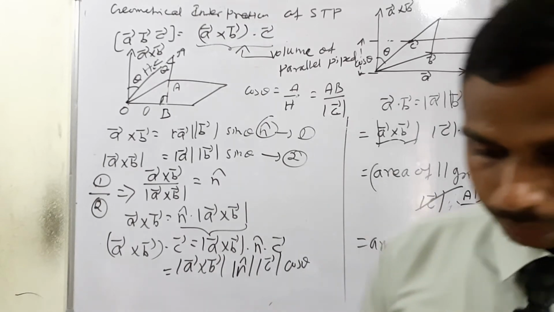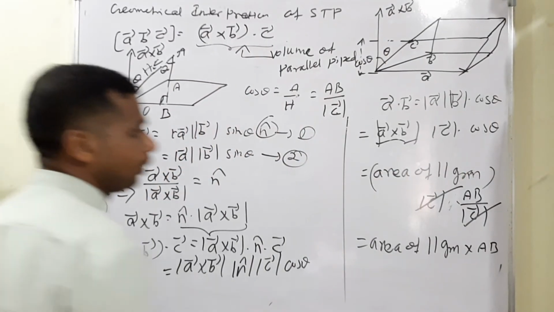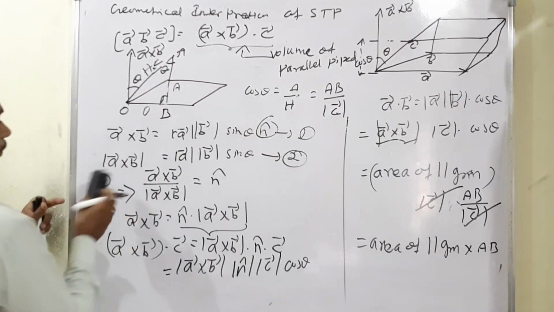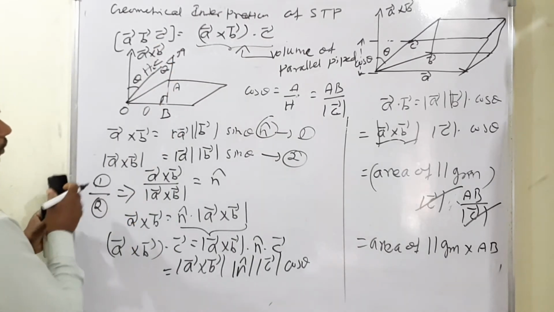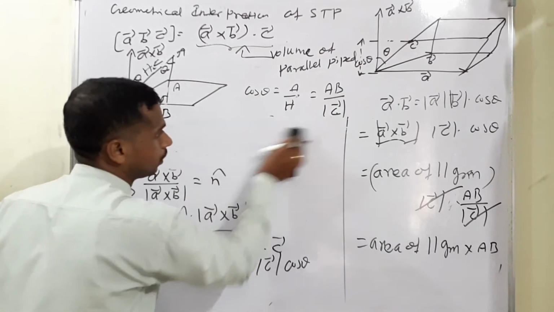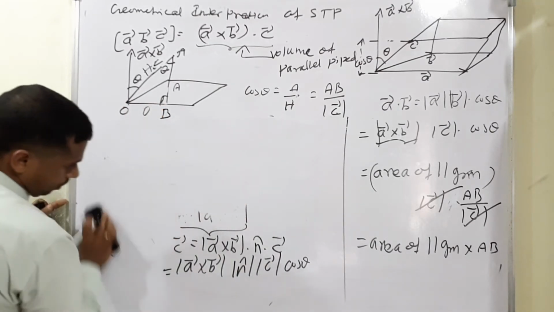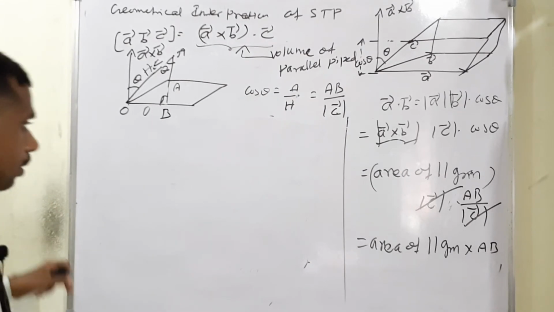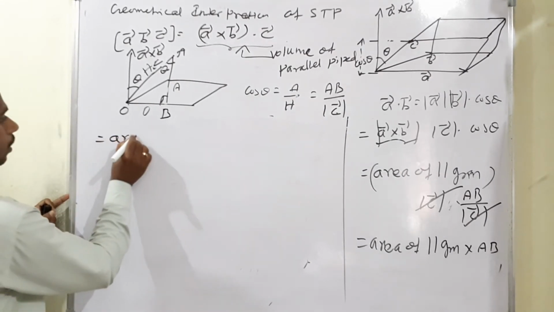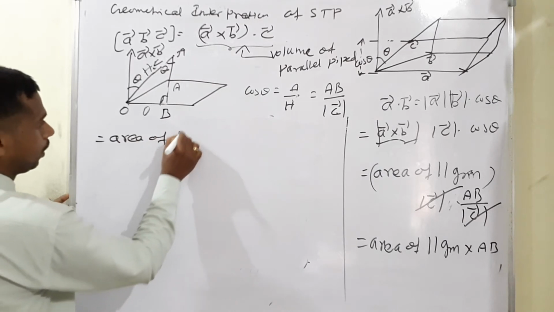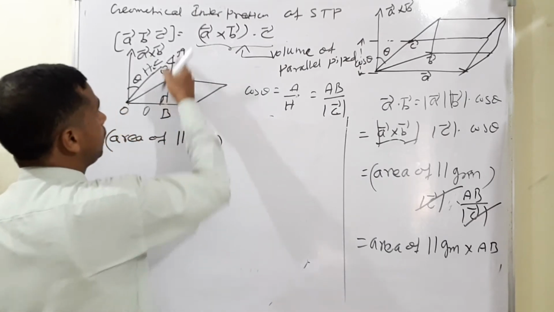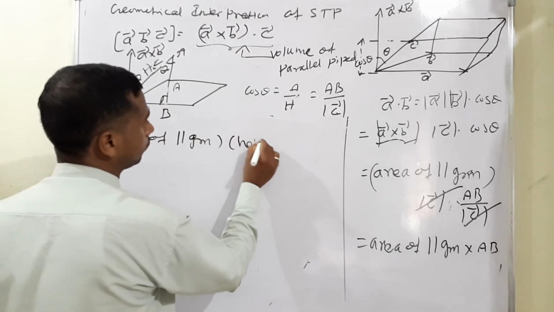We already know the meaning of AB: the height of the parallelogram. Therefore the area of the parallelogram into AB means the height of the parallelogram.